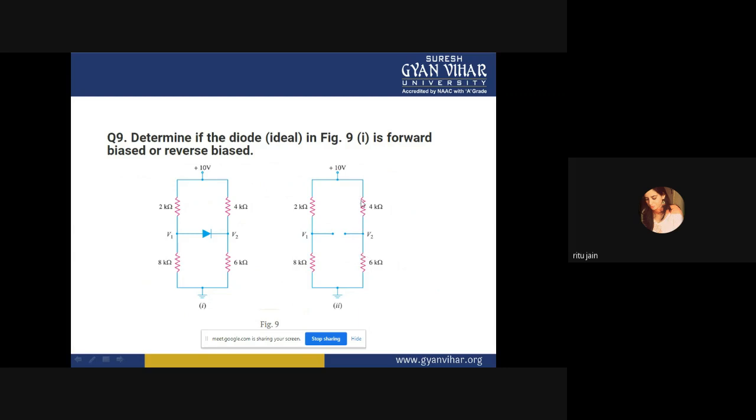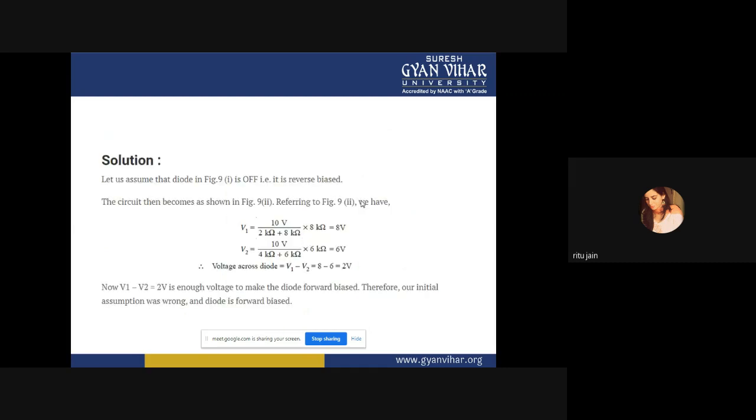If two resistances are connected in parallel, the voltage will remain the same. But if these two resistances are connected in series with a voltage source, then the voltage appearing across these two resistances will be different. So here we have applied the voltage division rule.